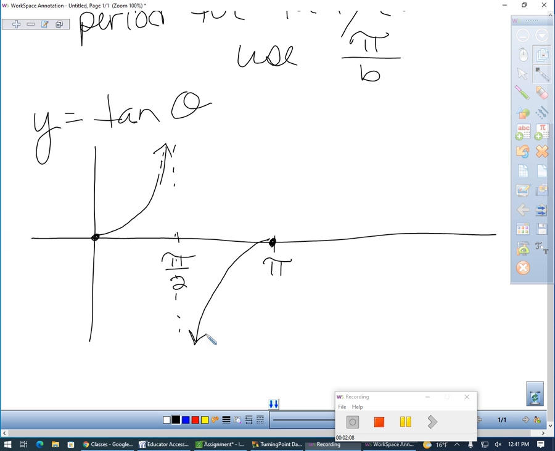And from this 0, you approach the asymptote this way. So technically, if you were doing 2 periods of it, you'll notice that if I come out here to 3 pi over 2, which would be an asymptote again, because again it repeats, and out here at 2 pi, it is at 0, you'll notice this one approaches this asymptote, and this one approaches this asymptote. So it's just a wave that actually attaches together, that kind of curves. It almost looks like one of our cubic functions, doesn't it?